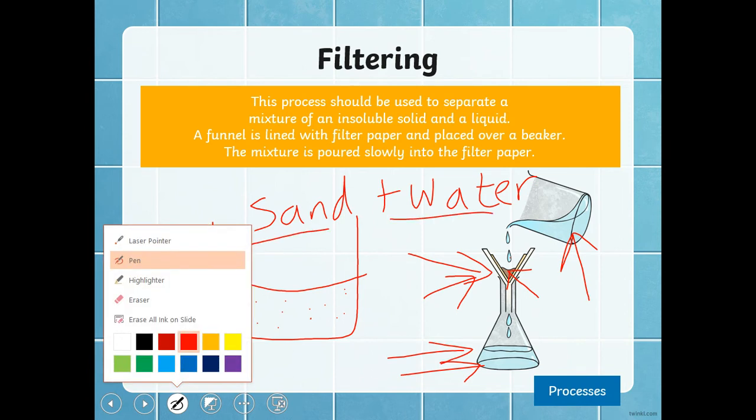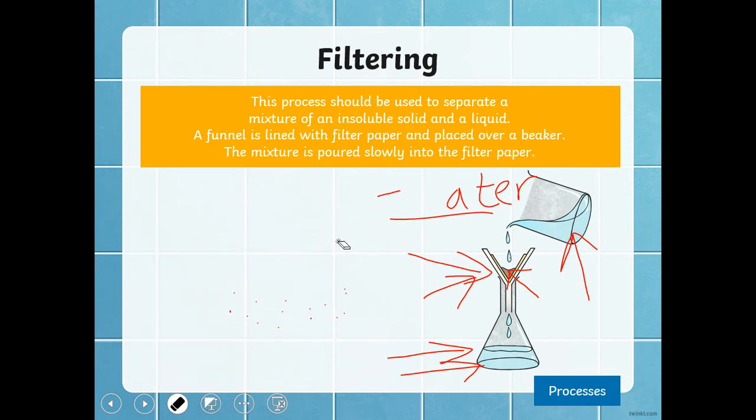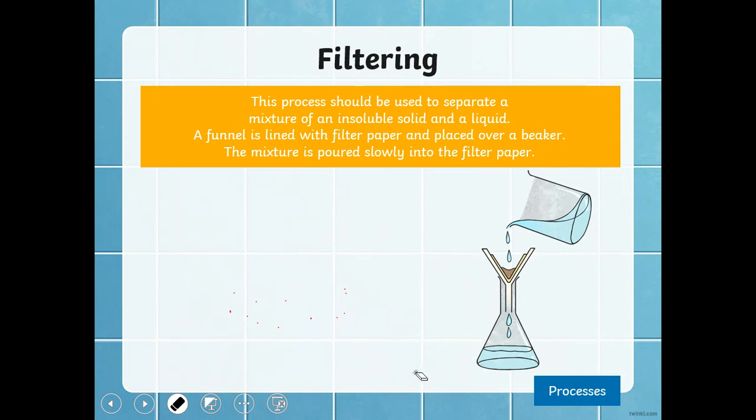Okay, so what does it say? They tell us that this process should be used to separate a mixture of an insoluble solid, like sand and dirt, something that is a rock, and a liquid. A funnel is lined with filter paper and placed over a beaker.